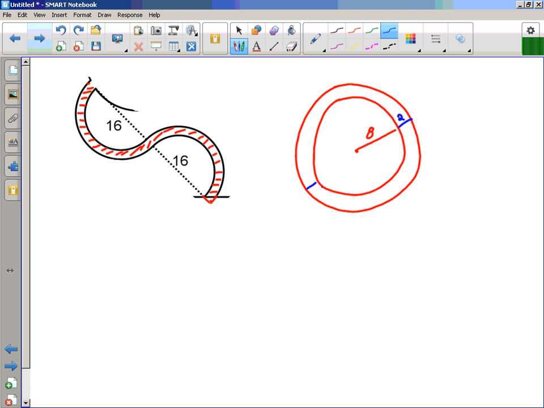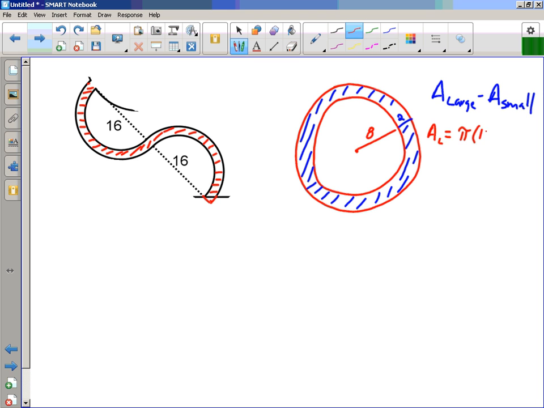So if I'm looking for this area here, I need the area of the large minus the area of the small. That's how we get that ring. So the area of the large equals pi times 10 squared. Now where did I get 10?